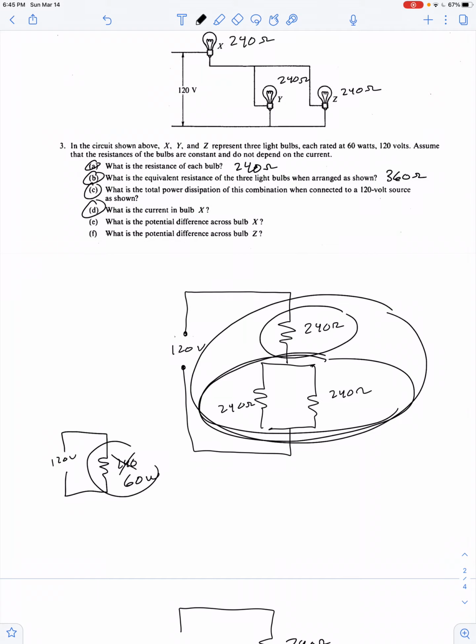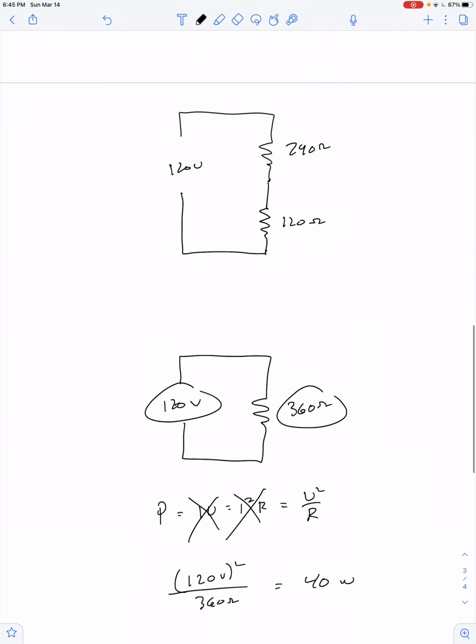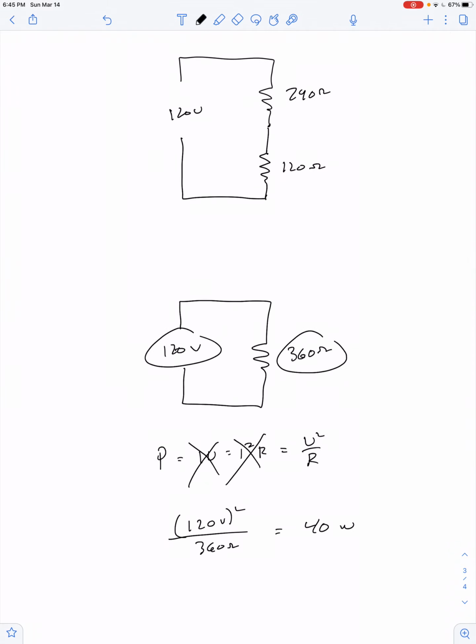What's the amount of current in bulb X? So let's see. If we use Ohm's law and find the current flowing through this equivalent resistance, 120 volts divided by 360 ohms gives us 1/3 of an amp.